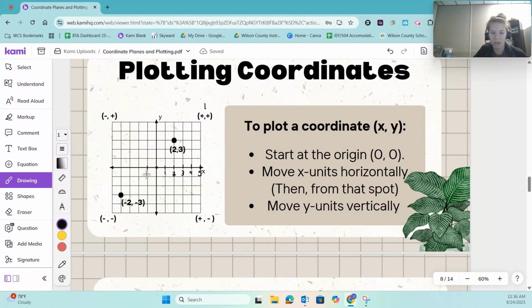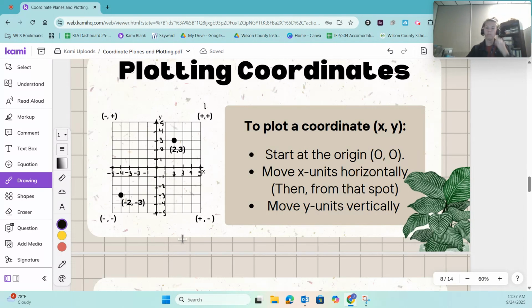Then we have our negative numbers on the left-hand side, just like a number line, -4 and -5. So that's your x-axis. Now your y-axis does the same thing. It's just a vertical number line. So my positive numbers are above the 0: 2, 3, 4, and 5. And my negative numbers are below the 0: -2, -3, -4, and -5.